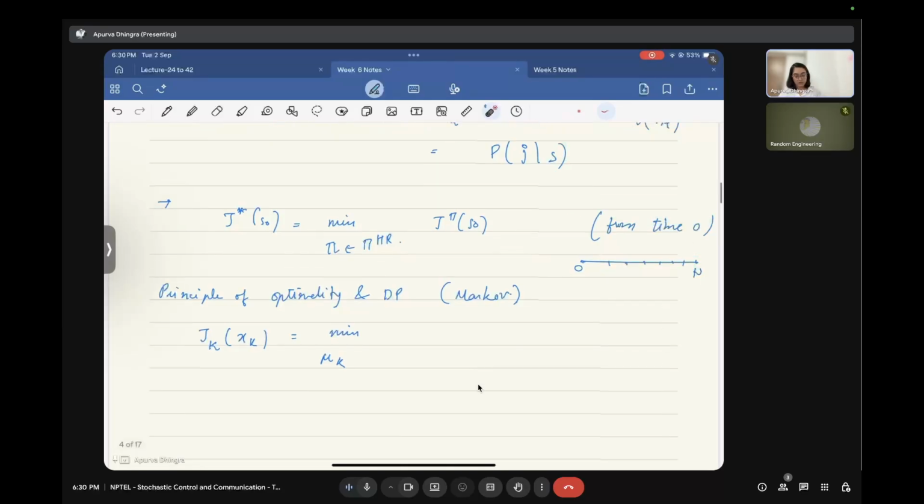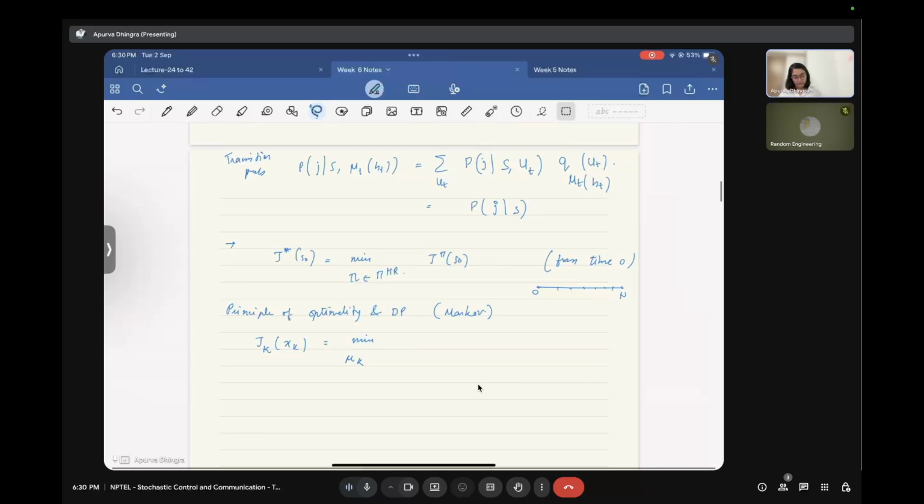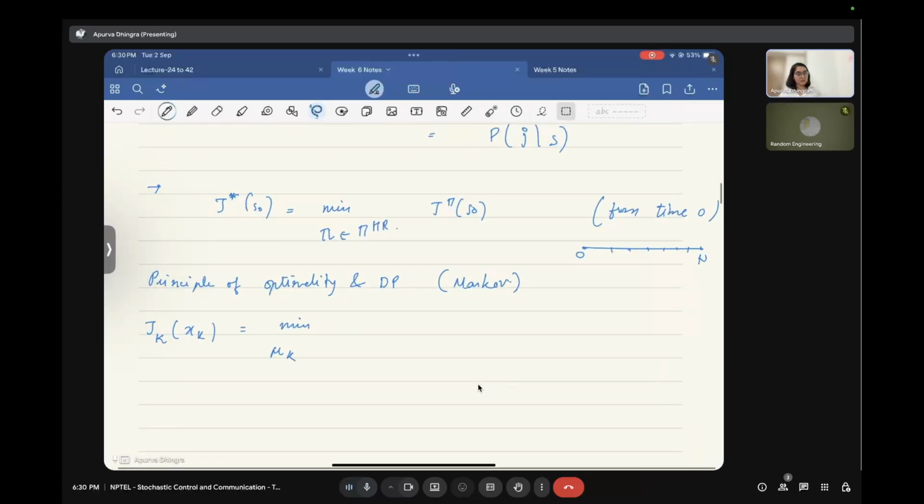Now let's recall what we saw in the MDP version, the Markov policy version. This is the principle of optimality or the DP algorithm. We do backward induction, so we start with Jn of xn, which is just the terminal cost, and after that, for the remaining case, this is what we are supposed to do.